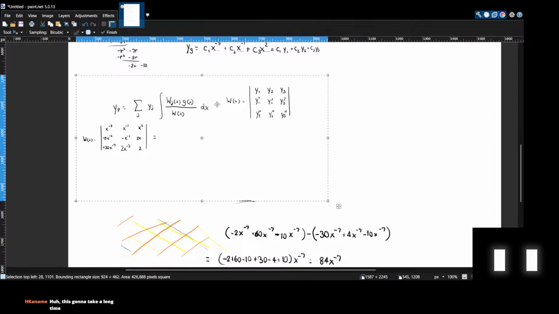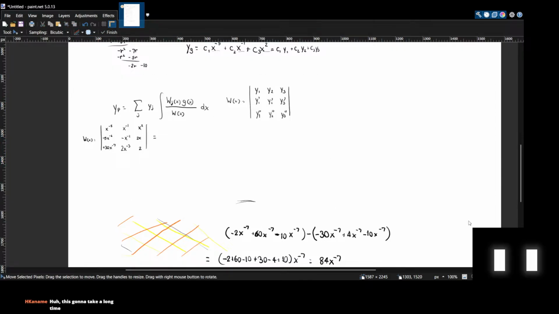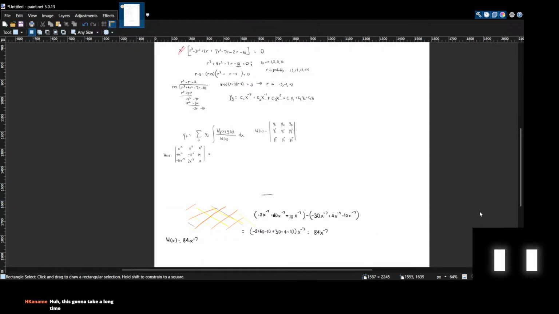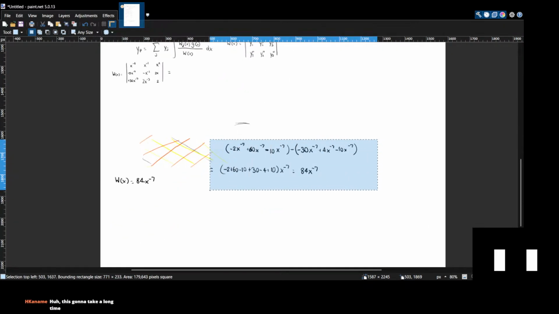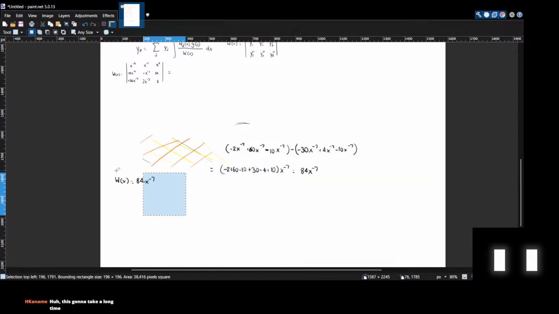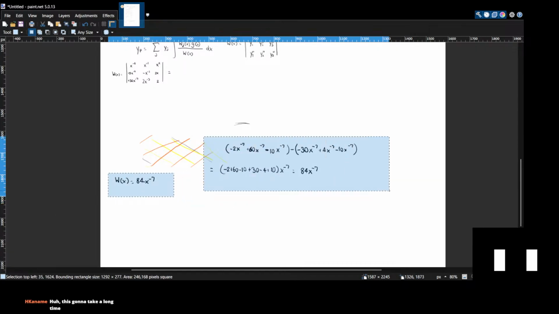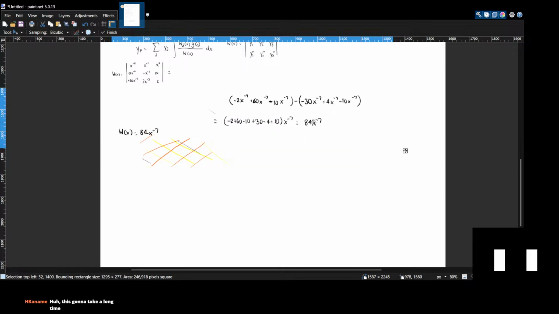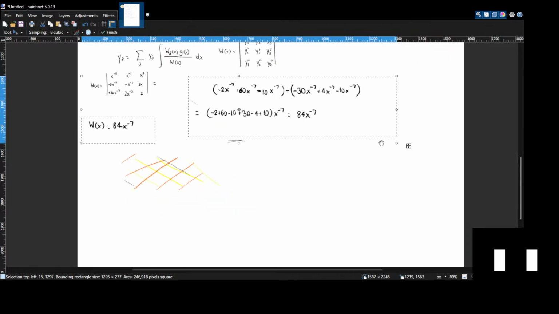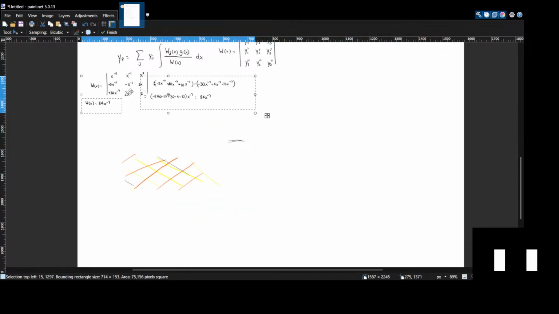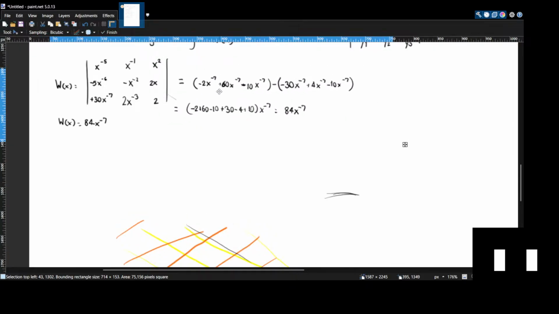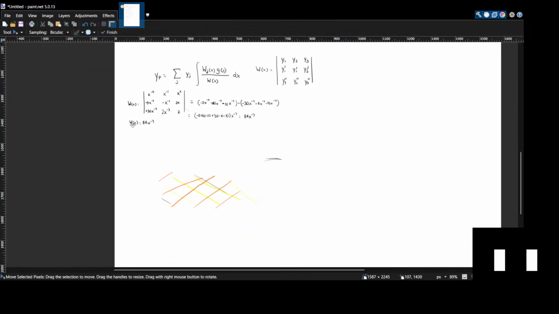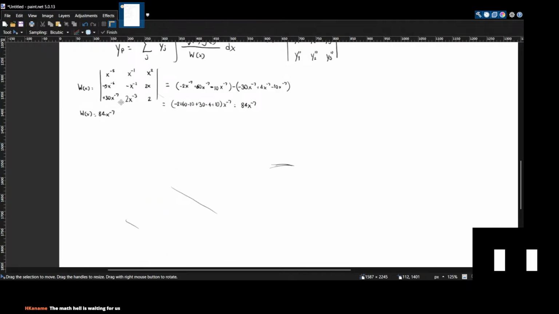Move this up here. Alright, this is gonna take a long time. Welcome to solving differential equations, my friend. It's kind of a pain. Alright. And then I think I can delete layer 3, yeah.